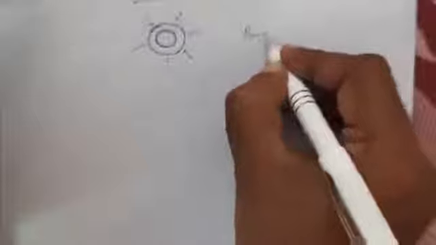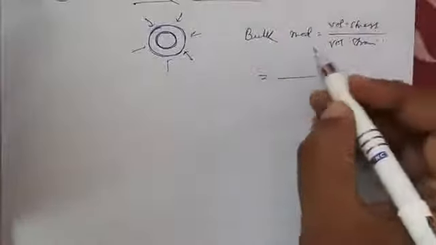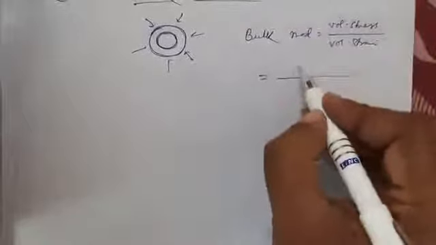Now the expression for bulk modulus is volume stress by volume strain. Mathematically, volume stress is the pressure P applied onto the ball.